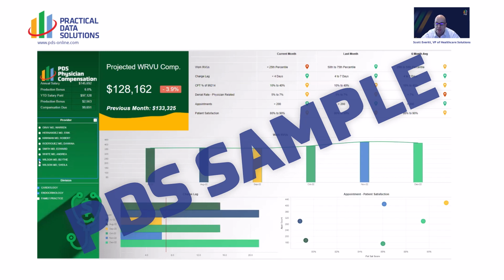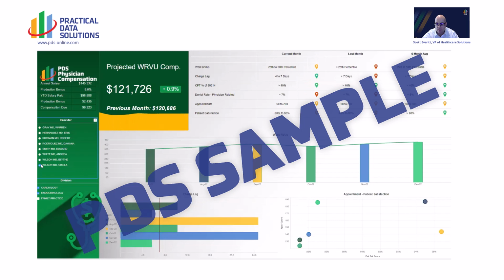And then, of course, coding accuracy and overall revenue integrity can definitely impact these factors as well. This is something that can be done without increasing visit volumes. If you have providers who say their schedules are completely full, they don't know what they can do, making sure that they're accurate with their E&M coding, which is something that's much easier to do these days, can really help with these factors as well.